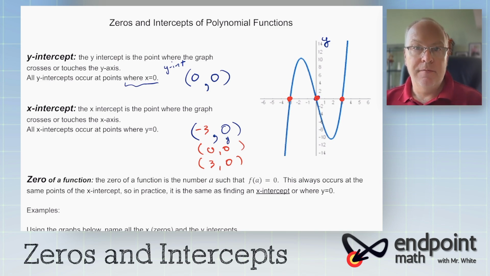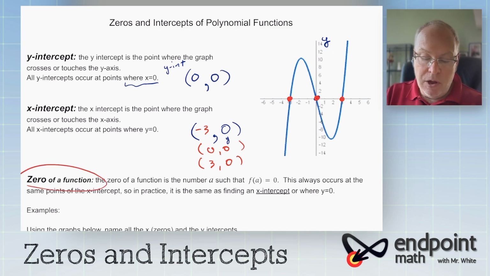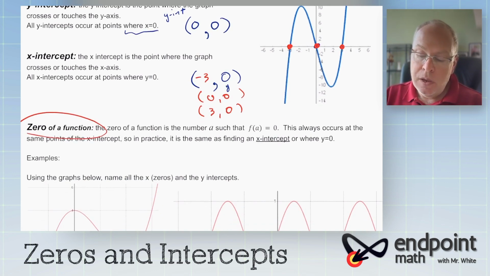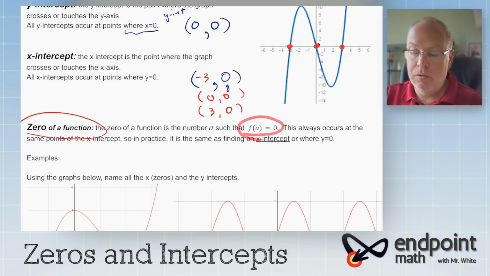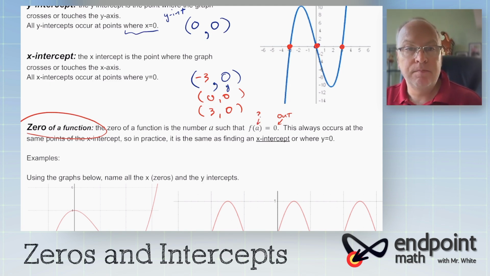There's another word for x-intercepts, and it's zero. The zero of a function is when the function spits out 0. Remember, this side here is your output. So when it spits out 0, the question is, what was going in?